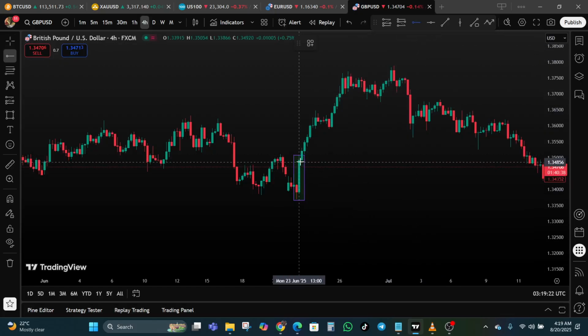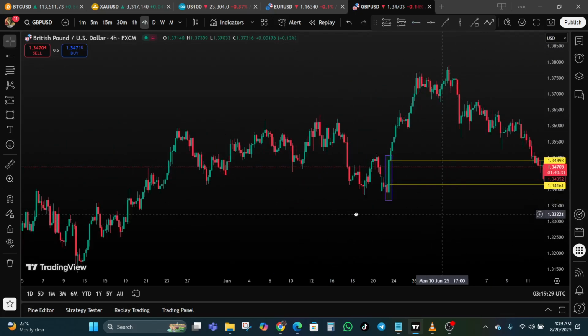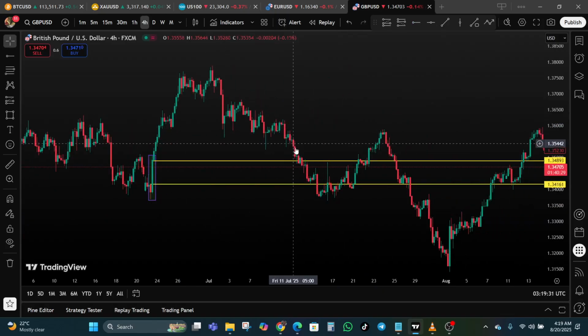So you can see that we actually had an imbalance here. We had a gap. In this area of imbalance, you can see that eventually the price came back to fill that void. So this is why liquidity voids often act like magnets. Price is drawn back to them.